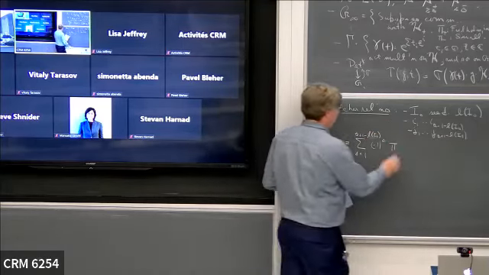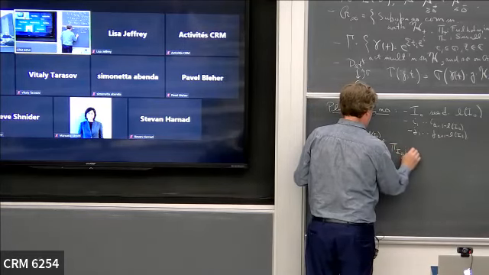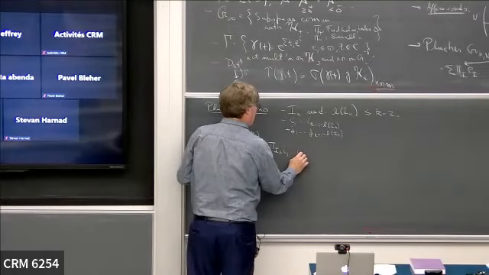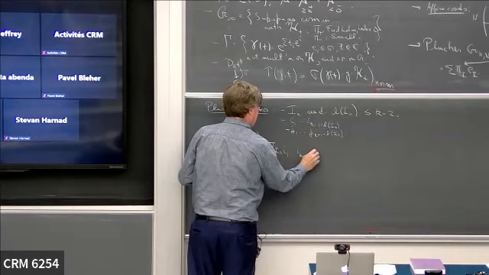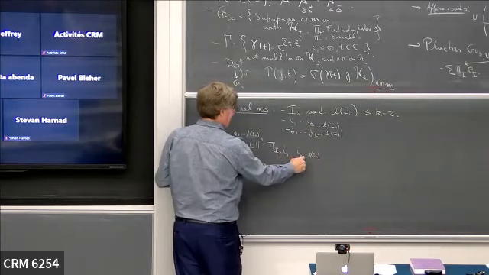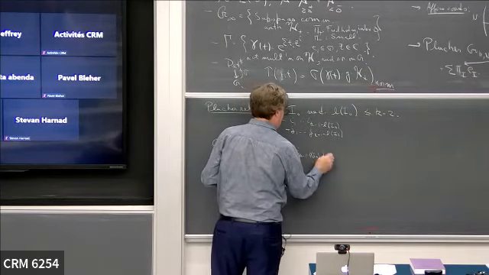Then pi of I0, I1, up to the last one, I_{k-1-L(I0)}. This gives you something of length k minus 1, so you want to add in another index, and you take it from here, J_s.